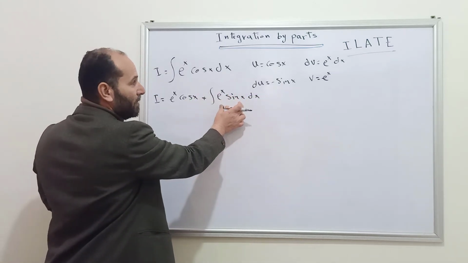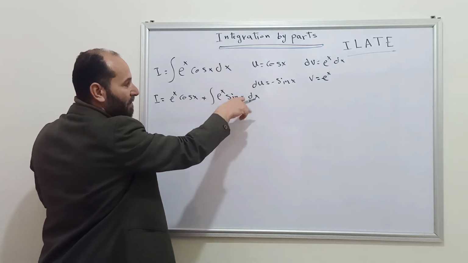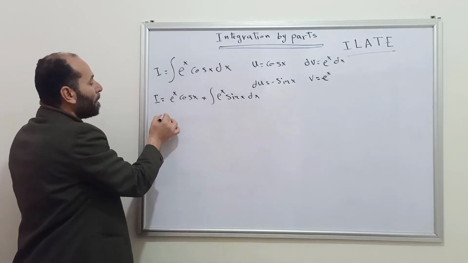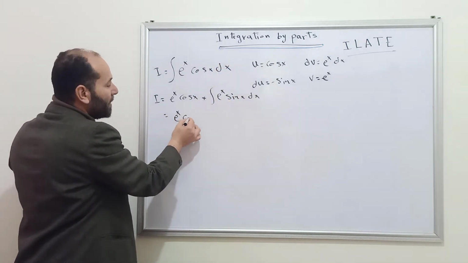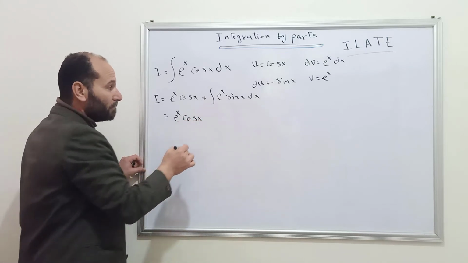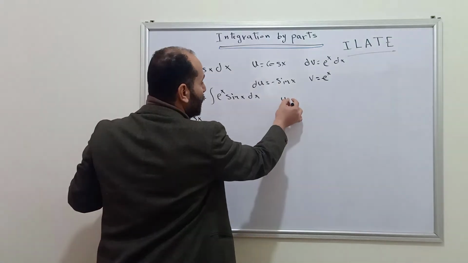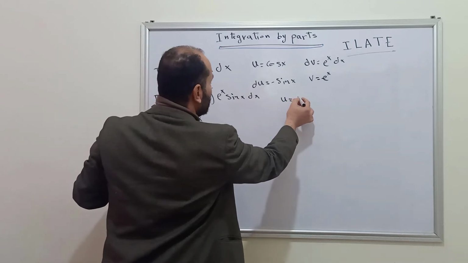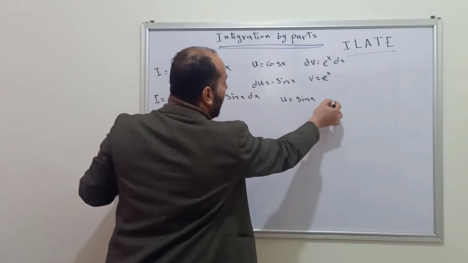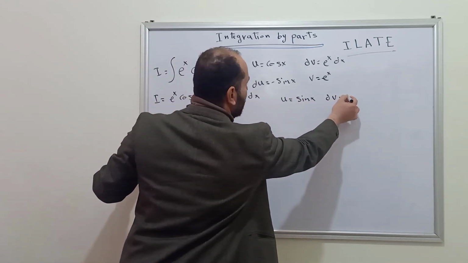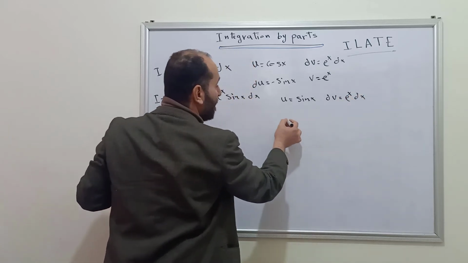We can repeat applying integration by parts in this part. It equals e power x cosine x, and we take u here equals sine x, and dv equals e power x dx.